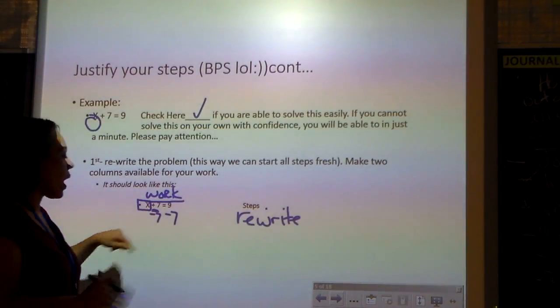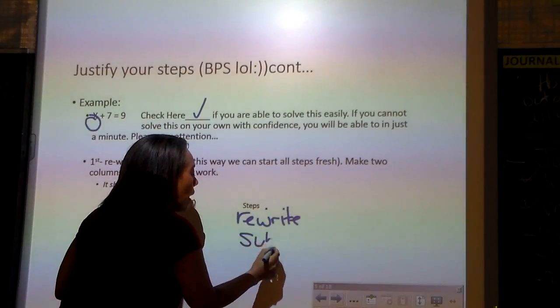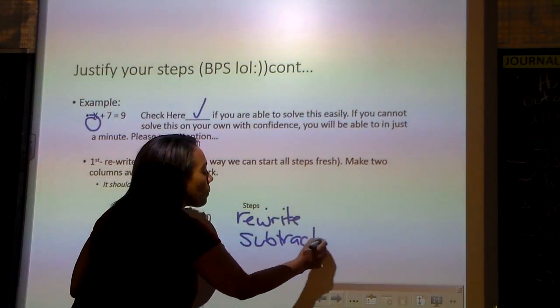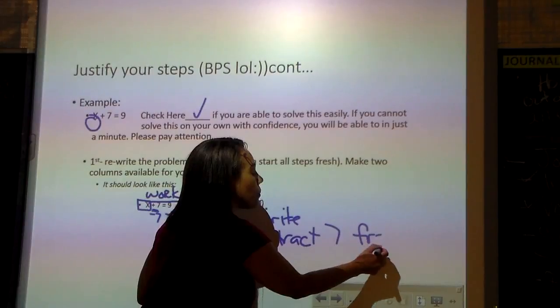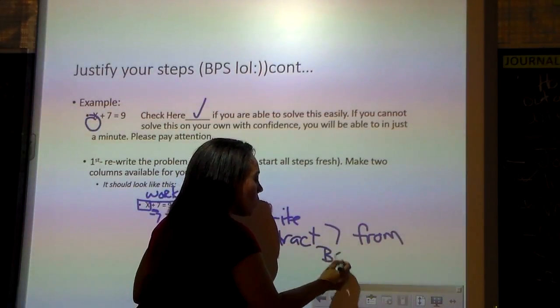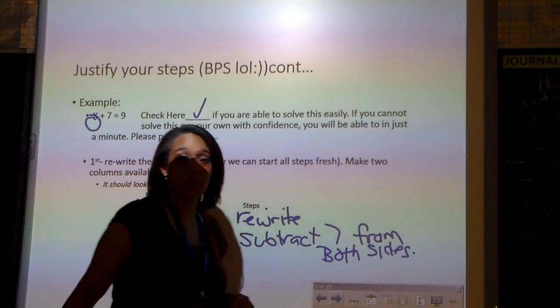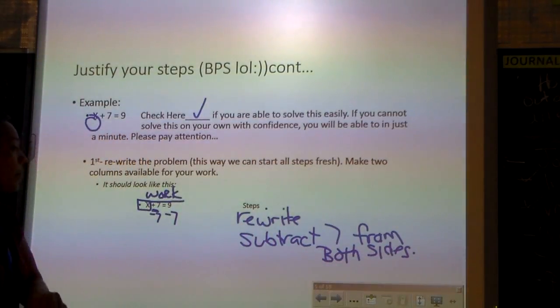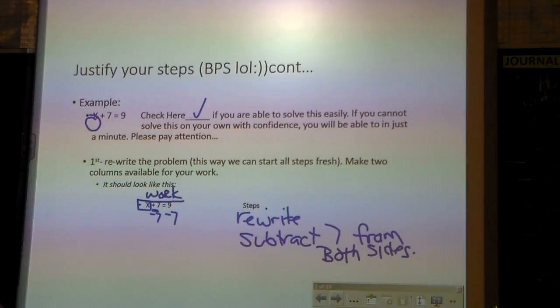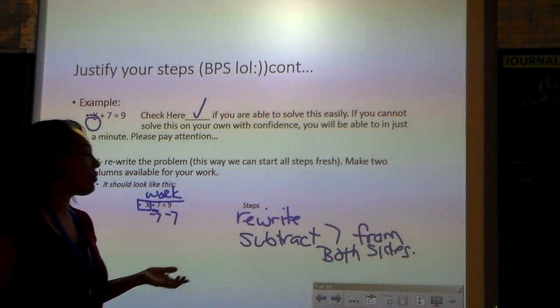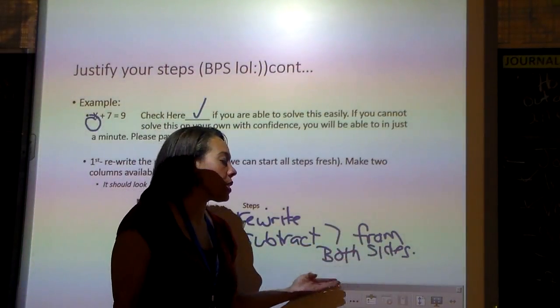I subtracted 7 from both sides. That is a very simple way to explain or justify the step of what's going on. And it's okay with me sometimes if you just put subtract 7 from both sides.